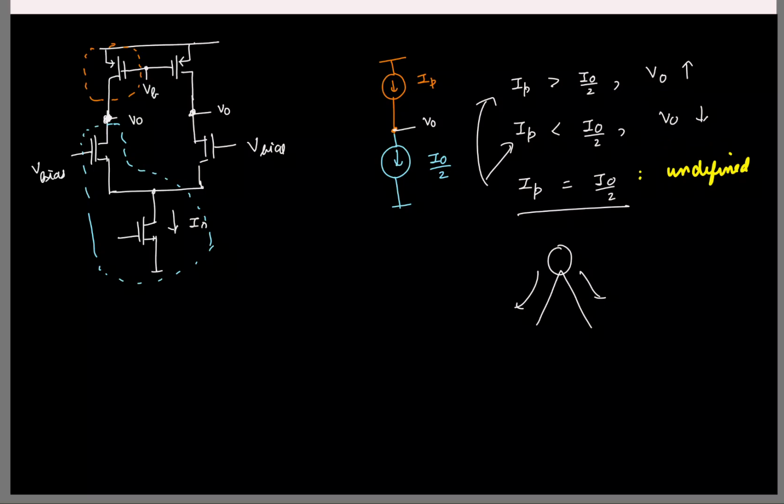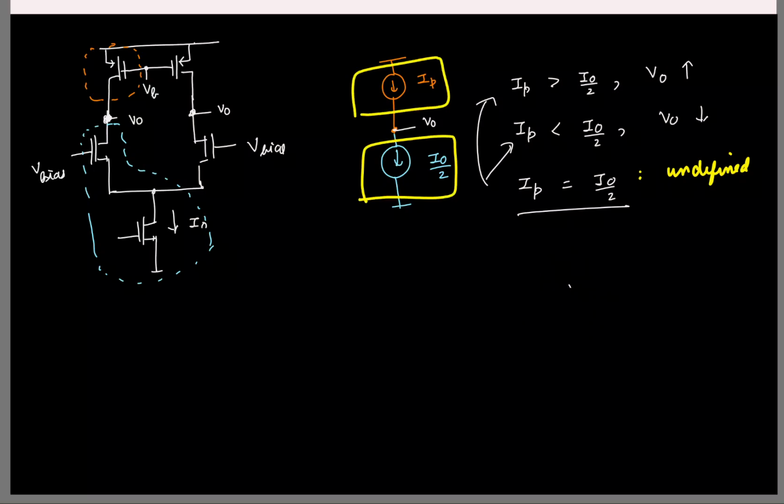And the main problem here is that we have two current sources, and both are biased independently to carry some currents, and that is why we cannot make them equal. When you have a case like this, the output common mode is not set. We cannot say what that voltage is. Now, nominally, what do you want this output common mode to be? What is a reasonable value we can set it to?